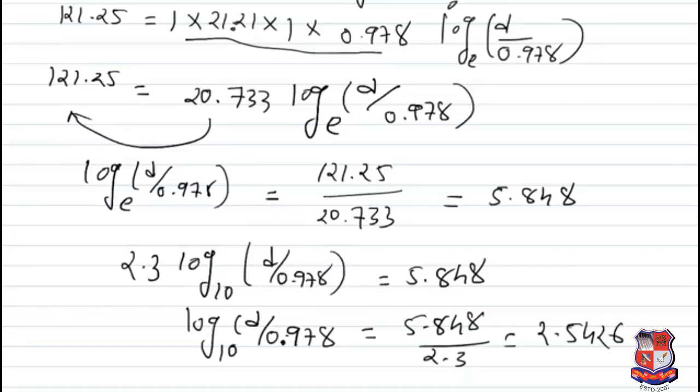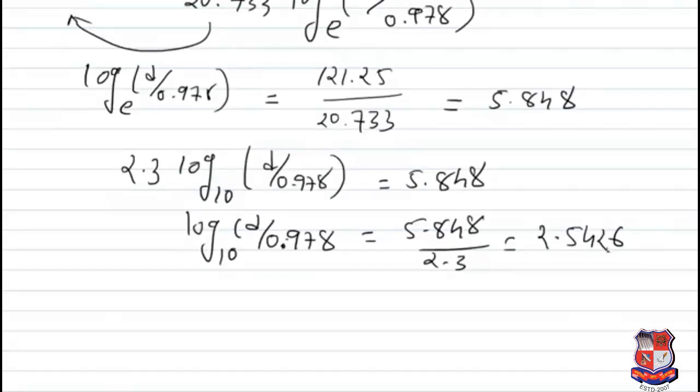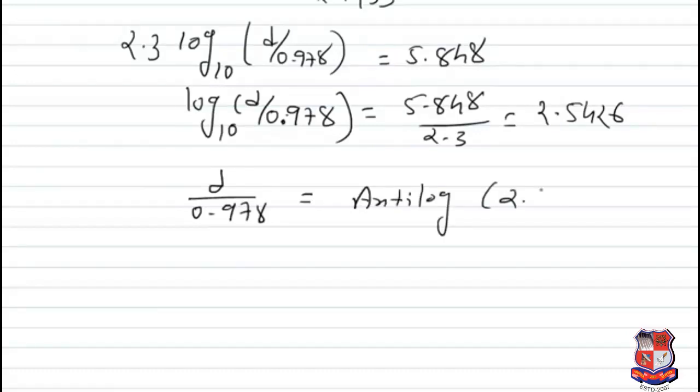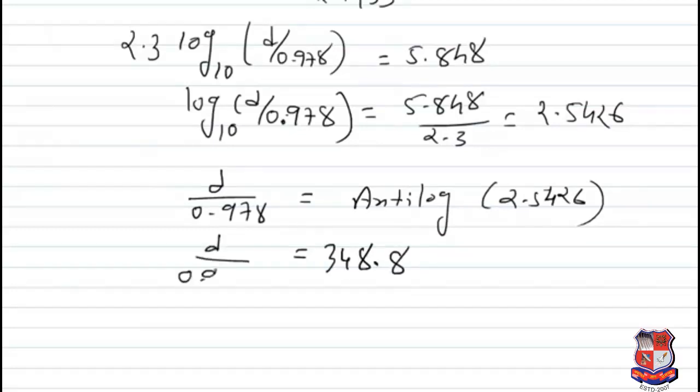Now we need to do the anti-log of this. You can do it in the calculator. So D by 0.978 is equal to anti-log of 2.5426, and the anti-log of this value is 348.8, right?